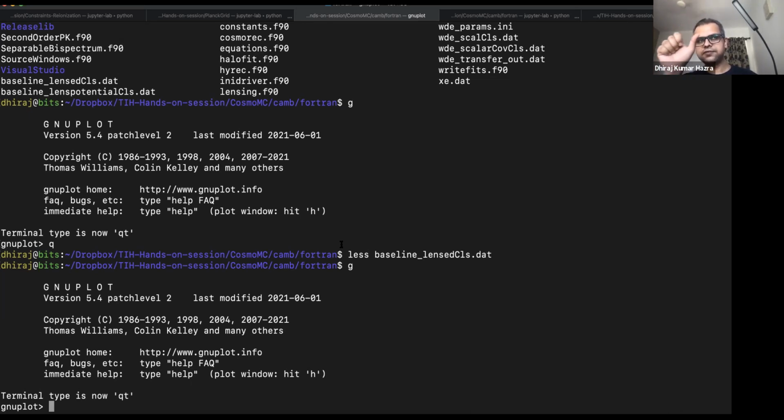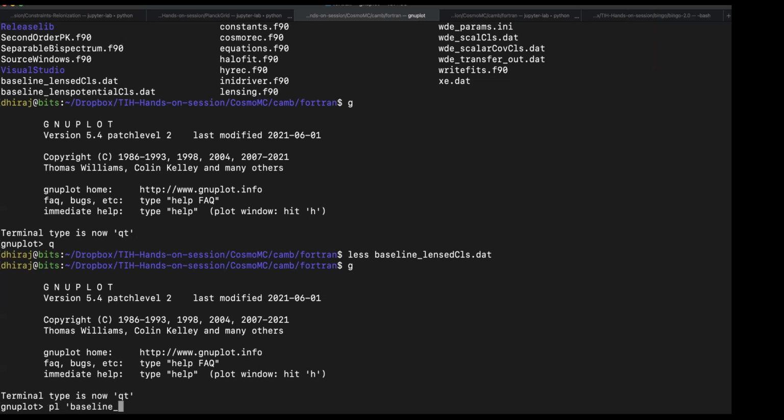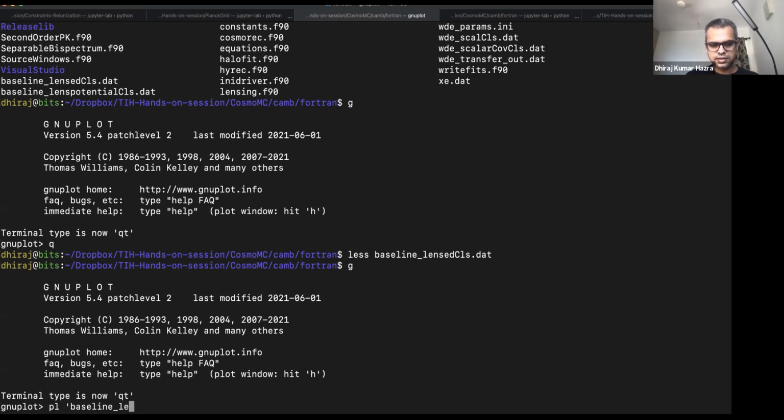In that file, the first entry will be output root, after 3 or 4 lines. In the output root, instead of Planck_2018, just say baseline. That's it. You can use any editor you want. Okay. Now I'm plotting, let's say baseline_scalar lensed with line.